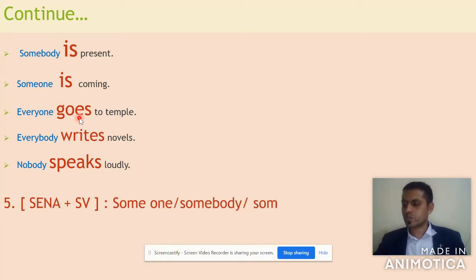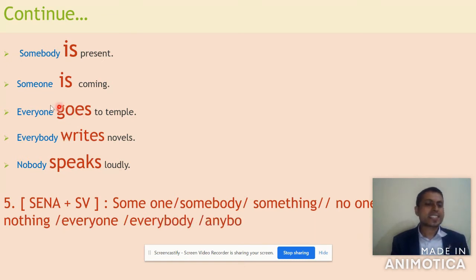So, my dear student, look here: yes, someone, somebody, something, then everyone, everybody, then no one, nobody, then you will hear anybody, anything. So remember them, they all agree with a singular verb. Never forget them.